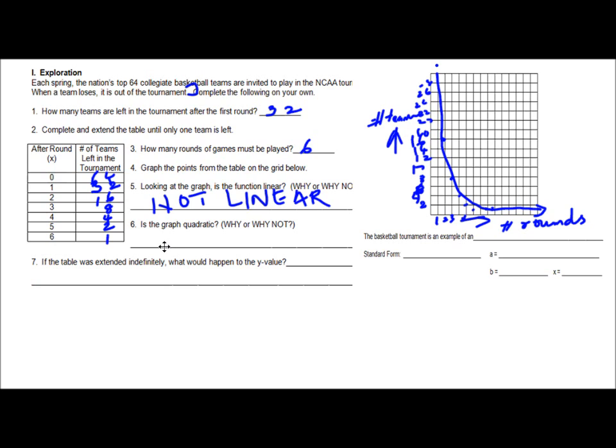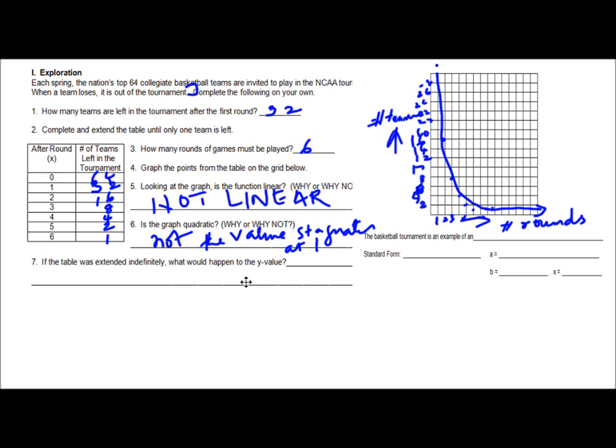Is this graph quadratic? Well, for a parabola, if there is something coming down, there is something going up also. I don't see that, so this is not a quadratic because the value stagnates at 1. It's not coming up at all.